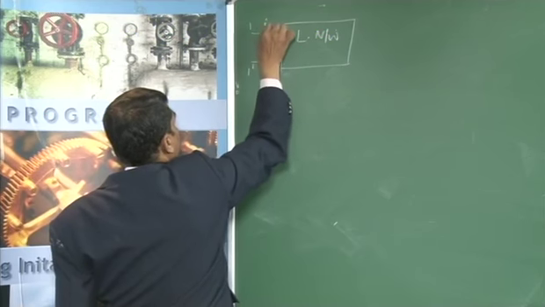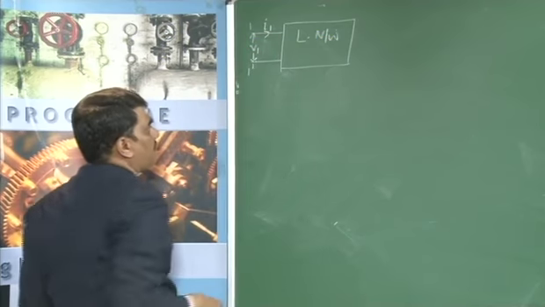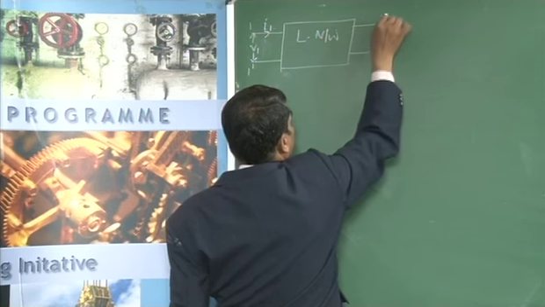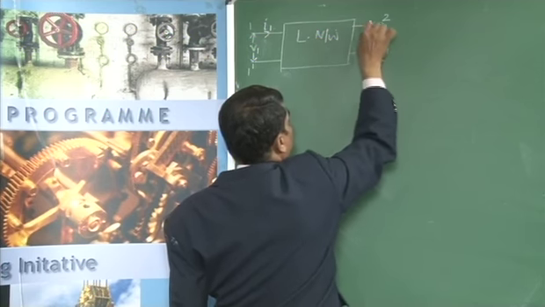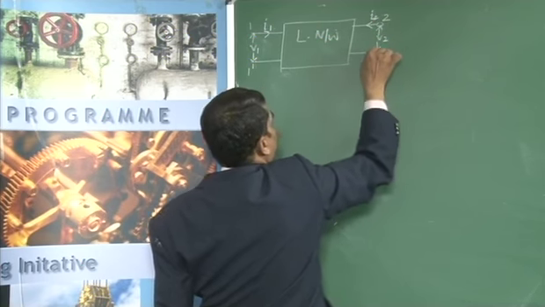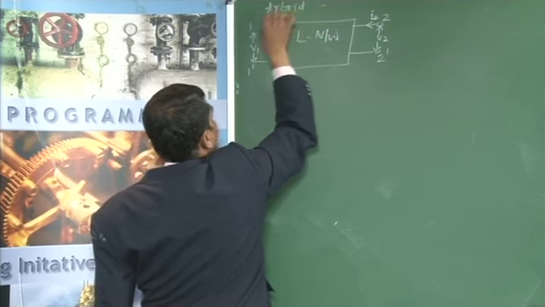The current flowing through this is I1, and the voltage applied across this is V1. The output terminal is taken across 2 and 2 dash, the current is I2, and the voltage across this is V2. This is an introduction to the hybrid parameters.